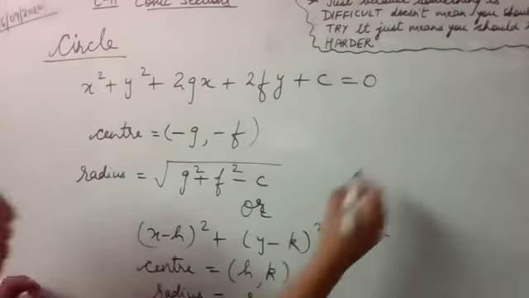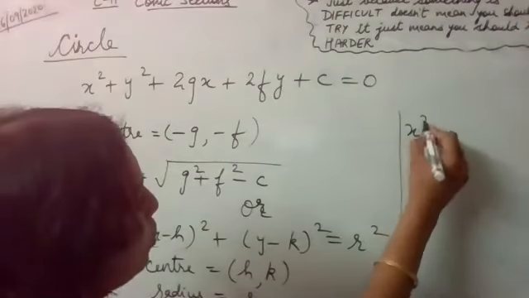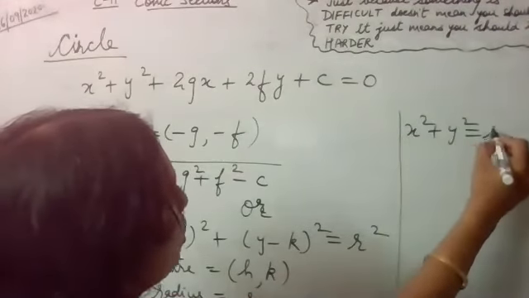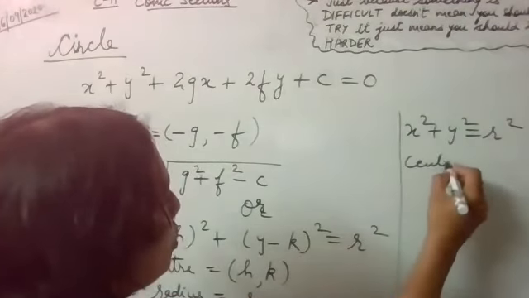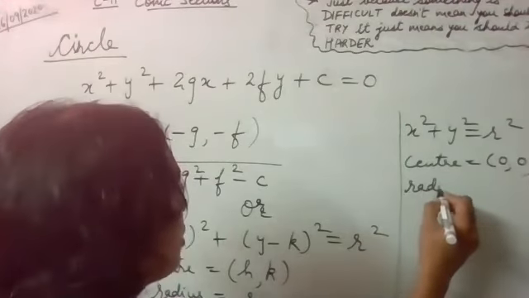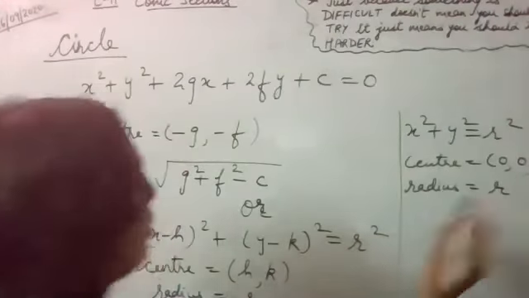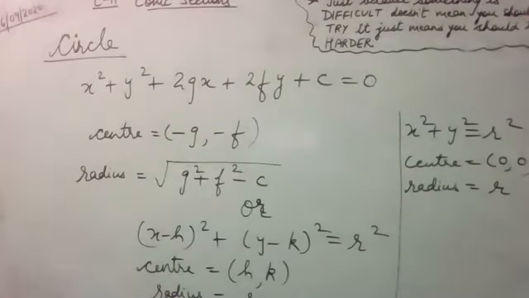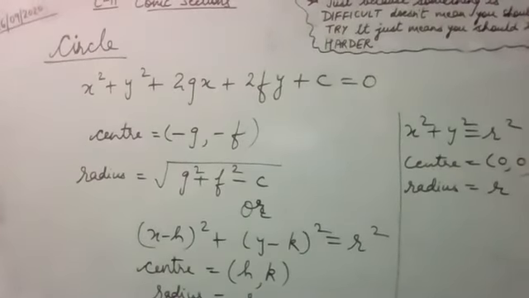And if we have the equation as x square plus y square equal to r square, the center is 0, 0 and the radius is r. This is how we have compared all the cases. The first two are the general ones and the third one is the particular case, when the center lies at the origin.